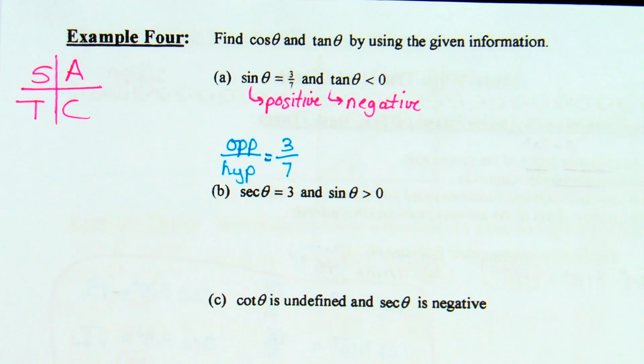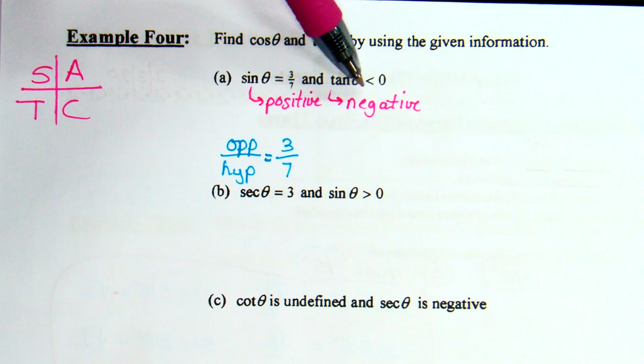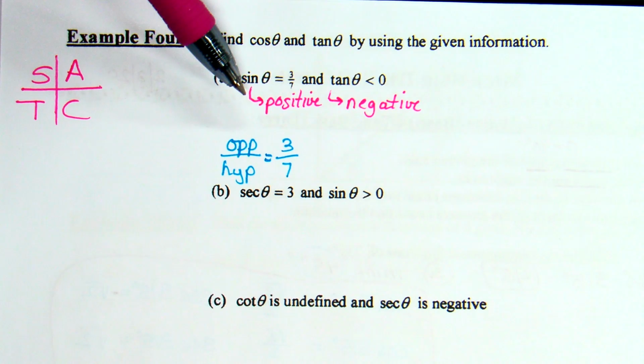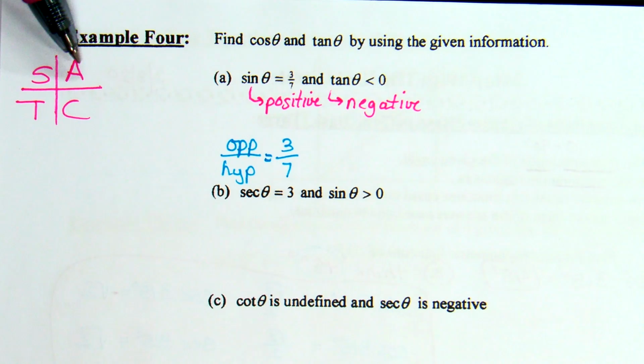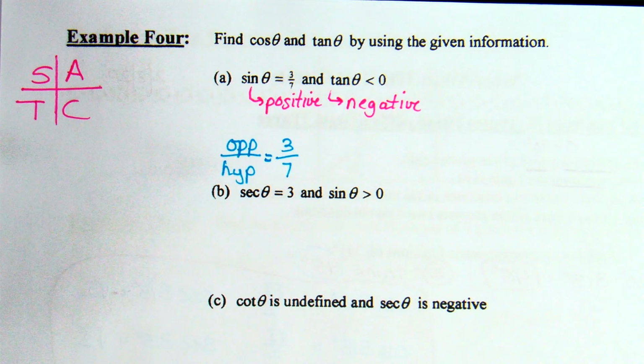Do you see why that applies? I need to find the quadrant where tangent is negative, but sine is positive. So if sine's positive, it's got to be all or sine. Tangent's negative, happens right here in quadrant 2.